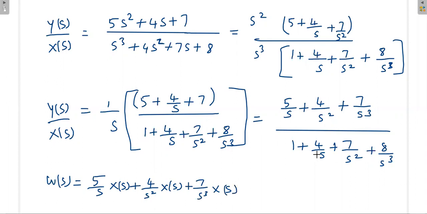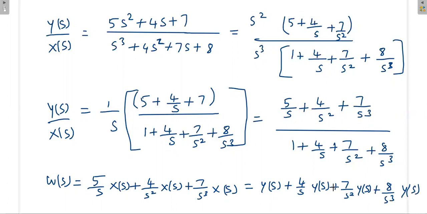This Y of s we can multiply with this, so Y of s plus 4 by s Y of s plus 7 by s square Y of s plus 8 by s cube Y of s. Again, we will take W of s with X of s separately and W of s with Y of s separately. Then we'll get both the input side structure and the output side structure.